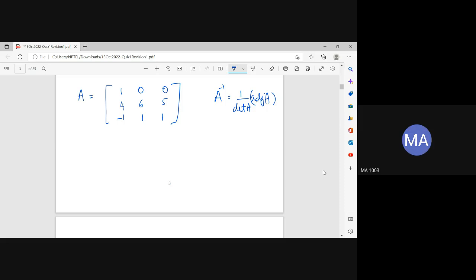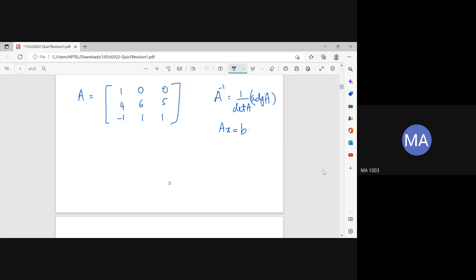I think we can do it using Cramer's rule as well. No, using Cramer's rule you don't find the inverse. You find the solution to a system, right? You solve AX equals B using Cramer's rule. I saw somewhere that using this idea of Cramer's rule we can also find the inverse.